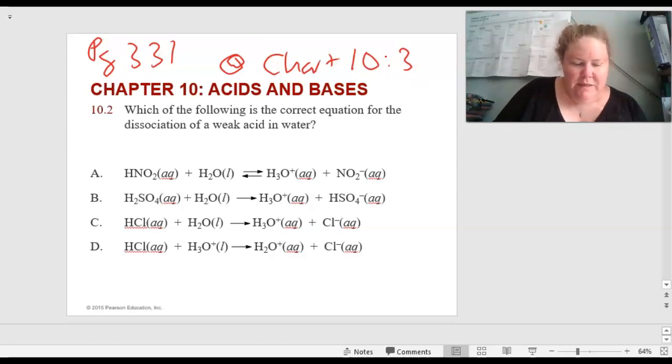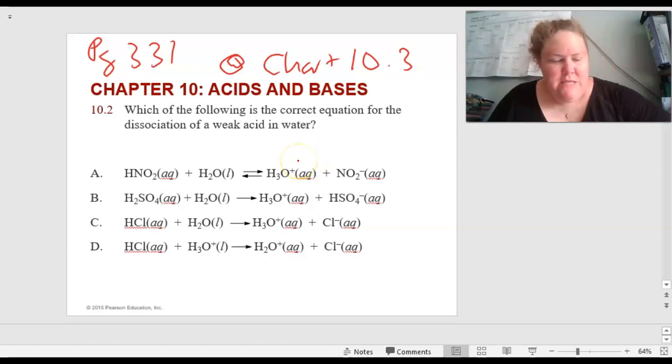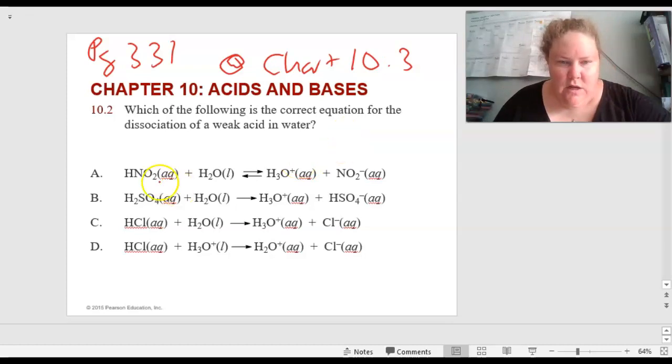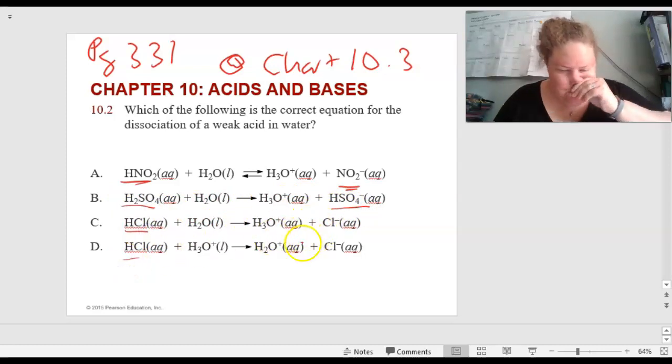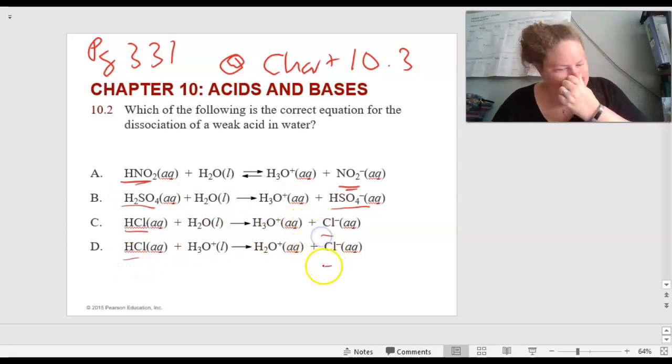So basically when we're looking at the strength of them, on table 10.3, HNO2 is going to turn into NO2 minus. H2SO4 is going to turn into HSO4 minus. HCl is going to turn into chloride right here, right?